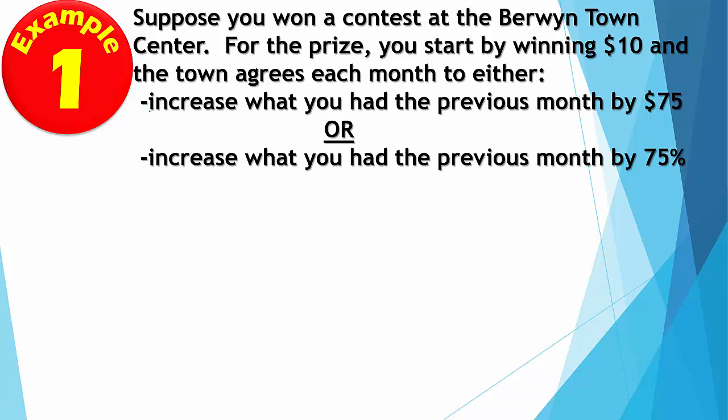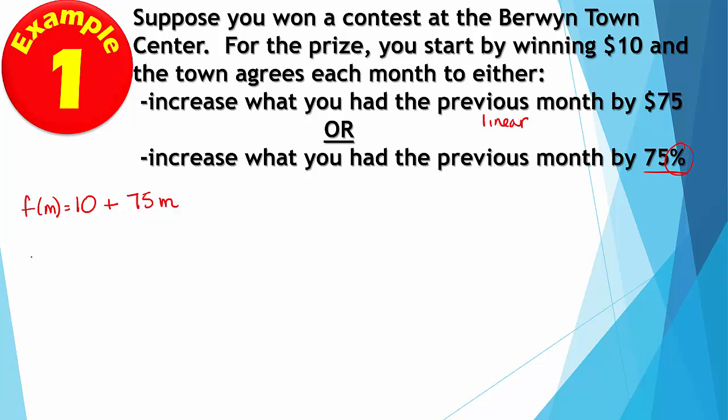So beginning with increasing what you had the previous month by $75, that's a linear function. And we can model that by saying we started with 10. We're going to add $75 each month. And we'll just say that that's f of m equals that. And then for our exponential function, we know it's exponential because it's got a percent.